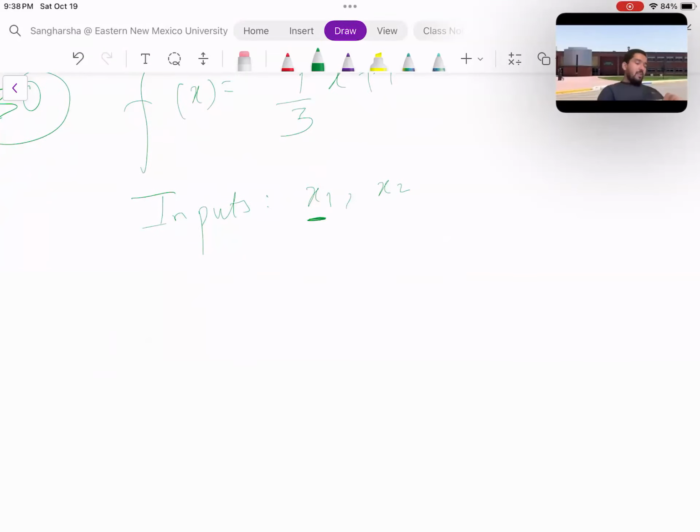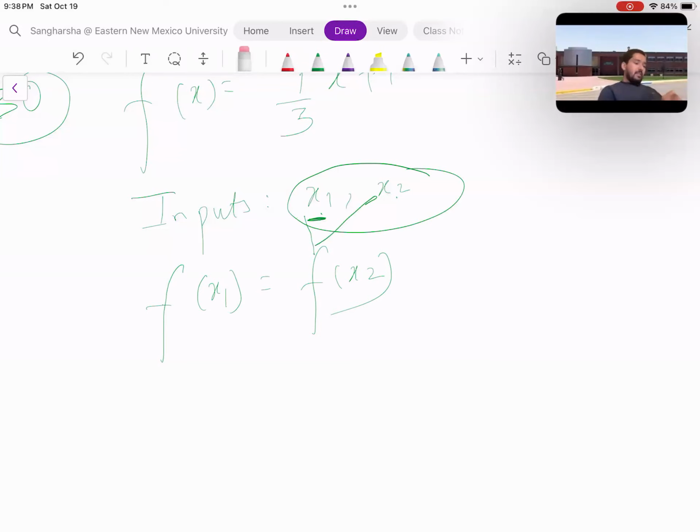Now you have to verify. Let's consider that the outputs for these inputs are the same. Your inputs are different, but the outputs are the same. So f of x1 equals f of x2.